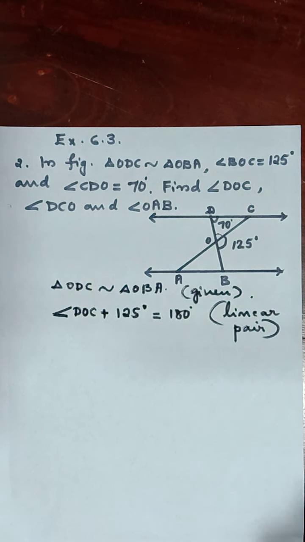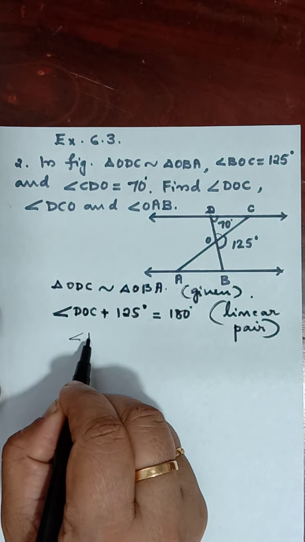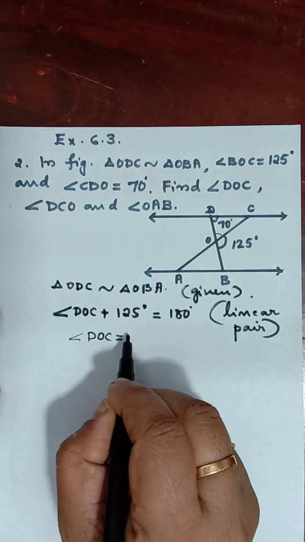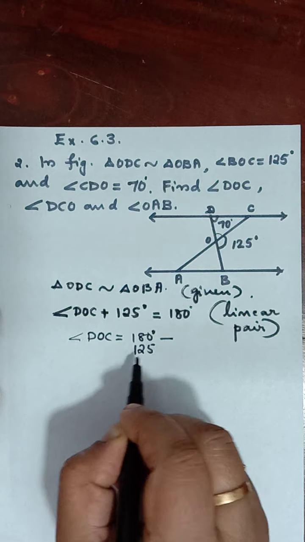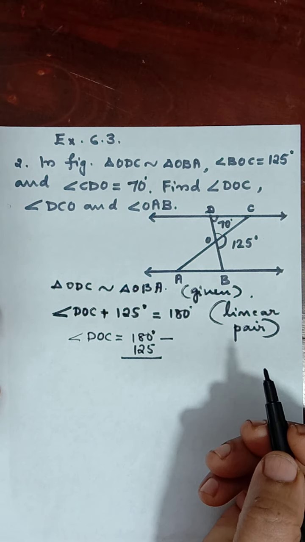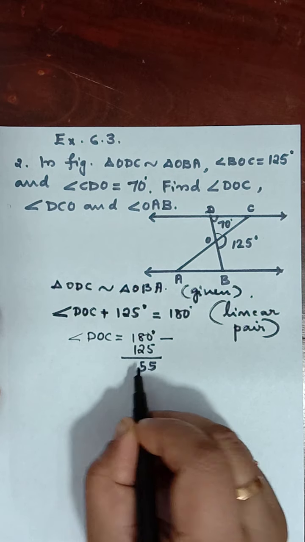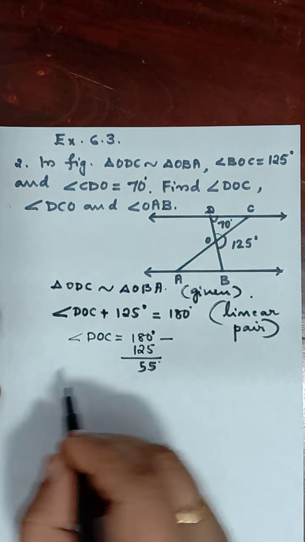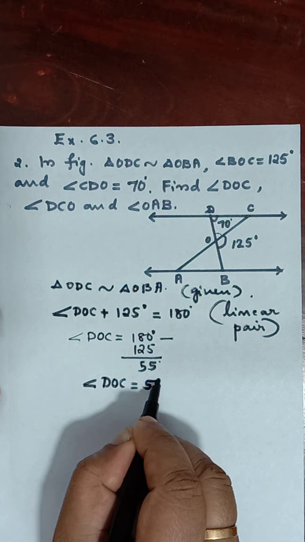Whatever we have learned, we will be using in the question. Therefore, angle DOC is equal to 180 degrees minus 125. You have to subtract and write. So here our DOC will be equal to 55. So angle DOC is equal to 55 degrees.